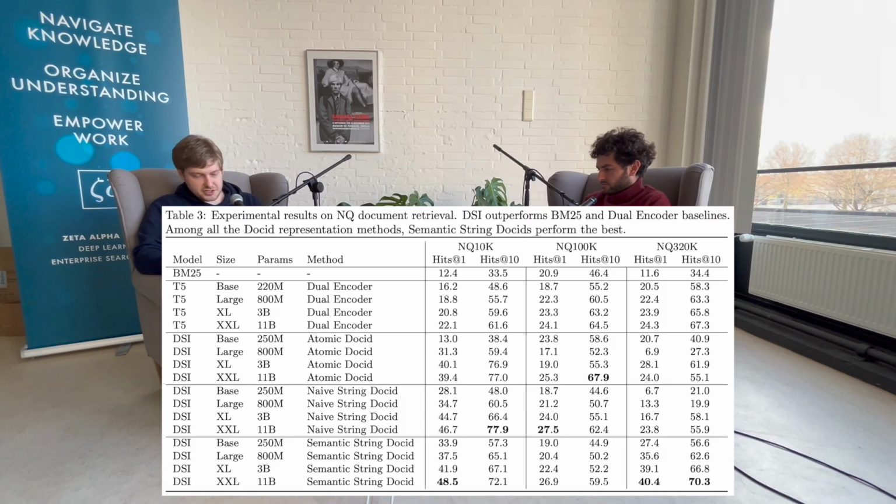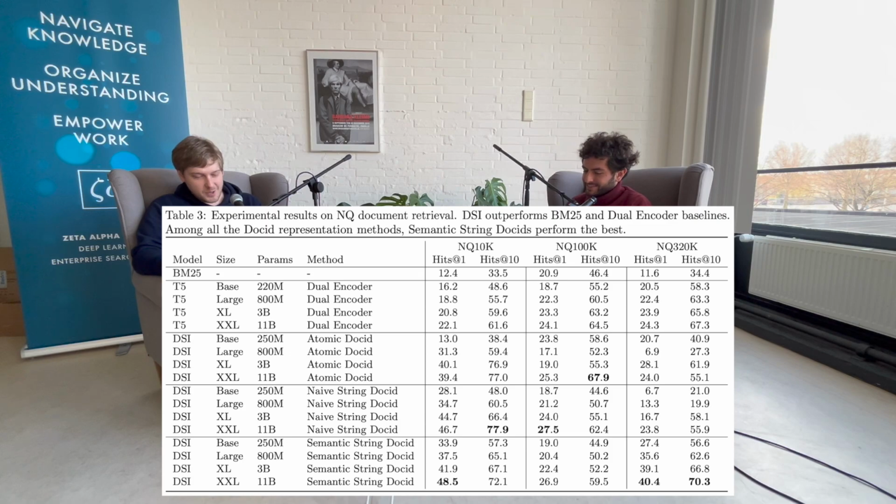So just some general trends. I think that the task gets harder as the size of the data set increases. So if we look at, for example, the largest model, this extra large model, say hits at 10, and atomic doc IDs. You see there is a lot going on in the table.